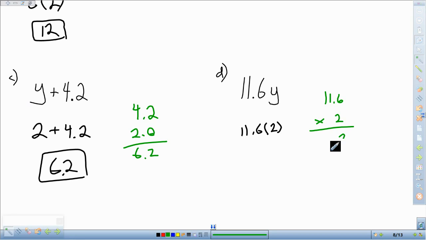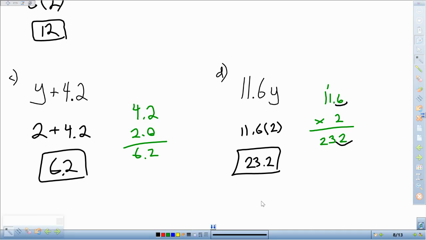So 2 times 6 is 12, carry the 1. 2 times 1 is 2, plus 1 is 3. 2 times 1 is 2. All right, is my answer 232? No, because I have a decimal place. This thing's going in 1 decimal place, so I need to go in 1 decimal place. Let me change the color. Yeah, 1 decimal place, 1 decimal place. Okay, so 23.2.